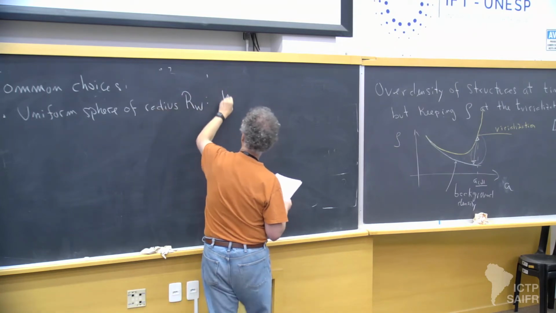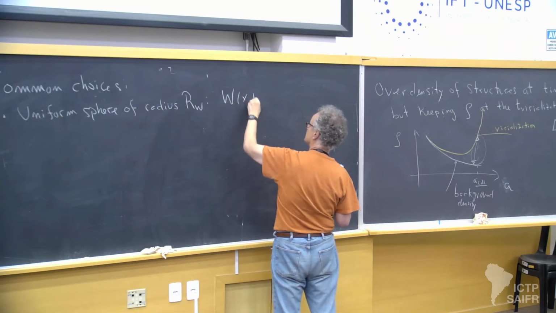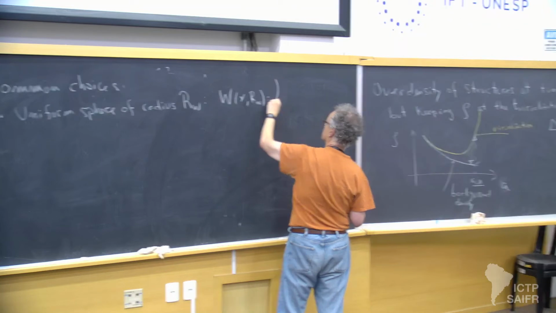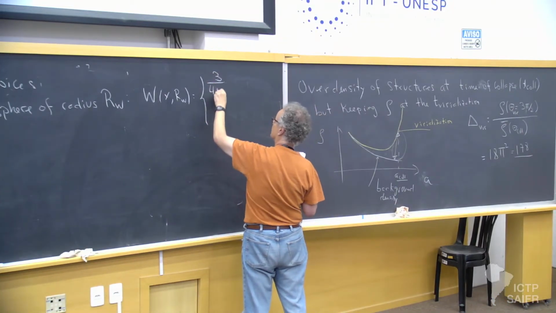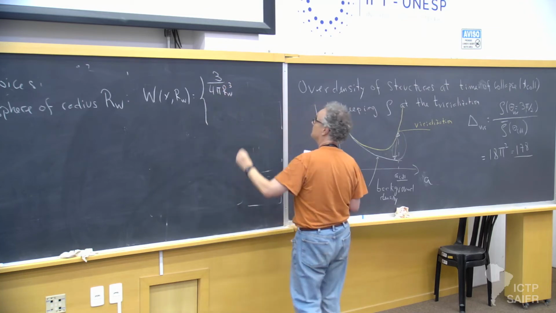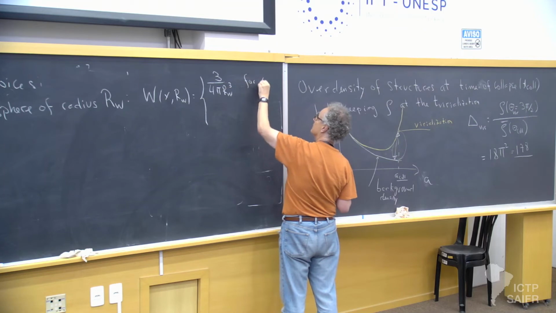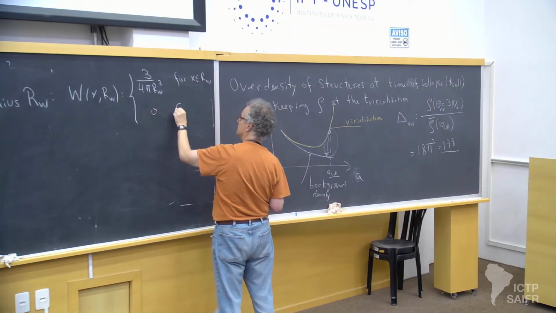So the window function is just this. It is 3 over 4 pi rw cubed for a point inside the sphere, and 0 for a point outside the sphere.